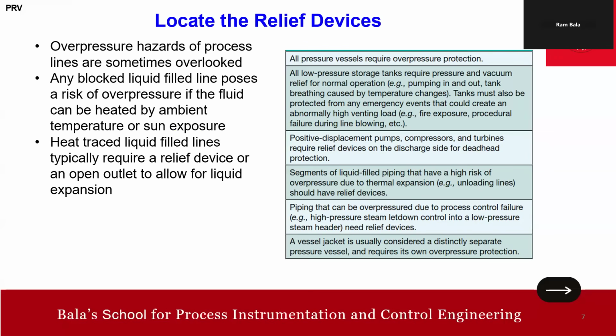So here, for example, heat-exposed liquid-filled lines typically require a relief device or an open outlet to allow for liquid expansion. So the heat-exposed liquid-filled line also requires a relief device.